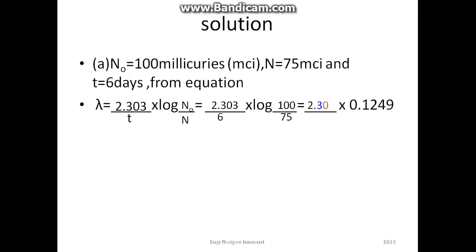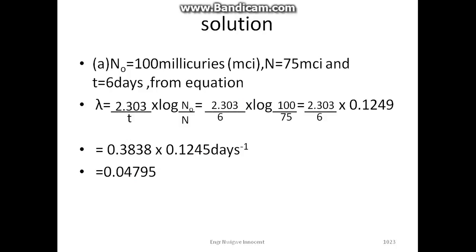This gives us 2.303 over 6 times 0.1249, which is equal to 0.3838 times 0.1249 per day, which is now equal to 0.04795 per day.